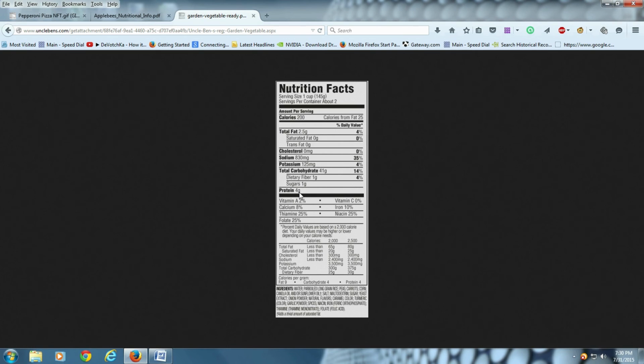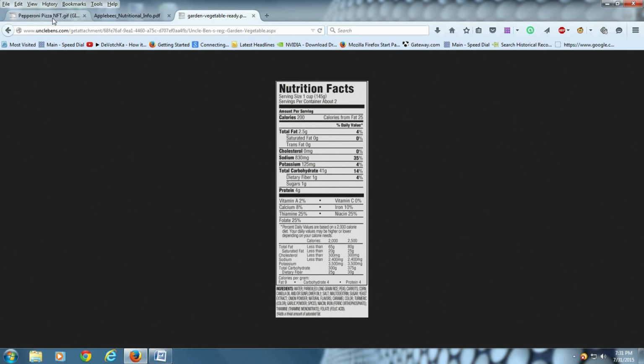So you see how that works? If I have 1 serving, this is what happens. If I get 2 servings, then I multiply everything by 2. And if I get 3 servings, multiply by 3, so on and so forth. Now that's just one example.